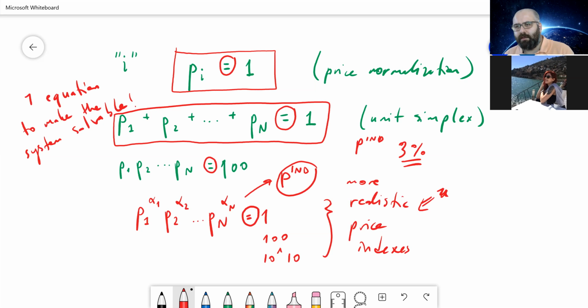Eventually, there is market clearing. So we define equilibrium in a particular way. We say excess demand must be zero in each and every market. So total demand must be equal to total supply. That's the definition of general equilibrium, because we are counting each market separately, and in each market we require equilibrium.